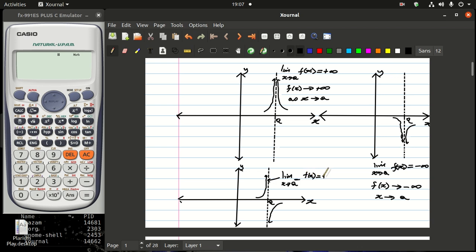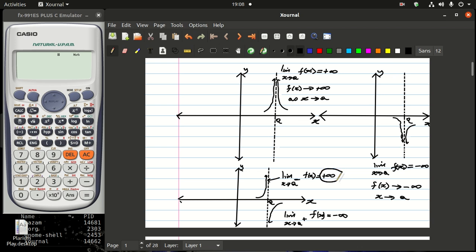In other words, I will get positive infinity. But if I am looking at the limit as x approaches a from the right, if I pick a value here and plug it in the function, I will end up getting a very big negative number for f of x. I will end up having negative infinity.